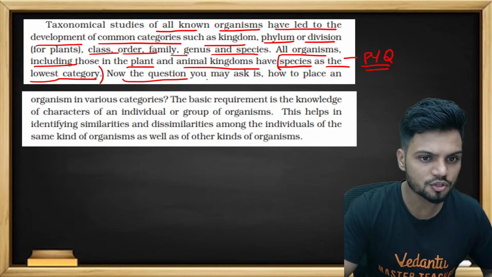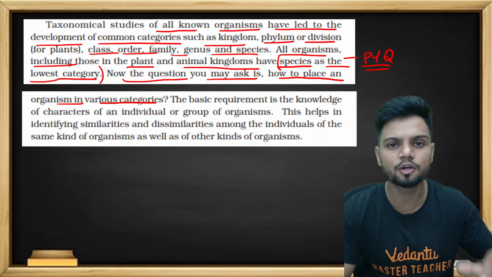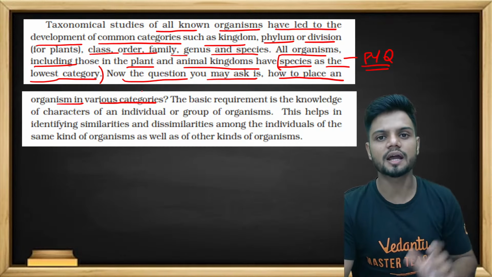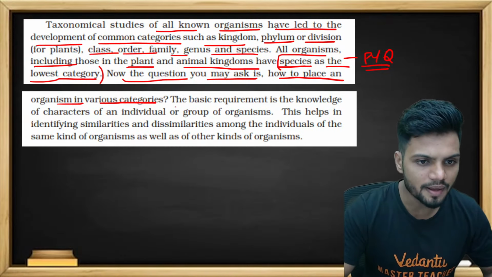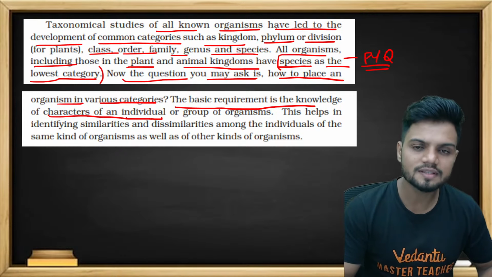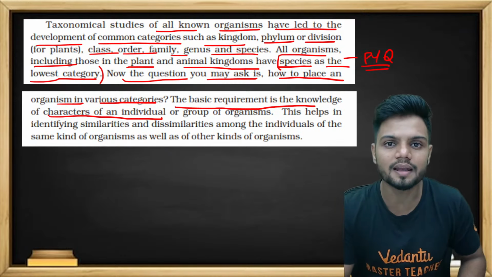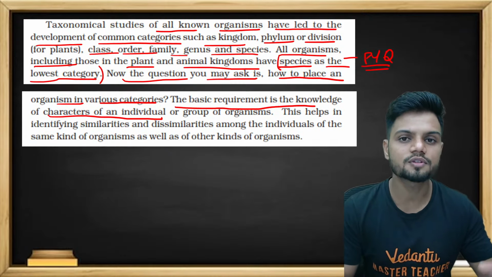Okay. Now the question you may ask is how to place an organism in various categories. Like, under which category do you place this organism? The basic requirement is the knowledge of characters of an individual. Obviously, the first step is characterization. If you want to place a dog in canines, you're supposed to know what the features of a dog are.